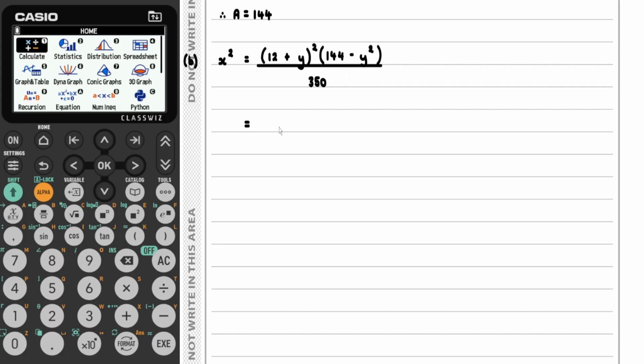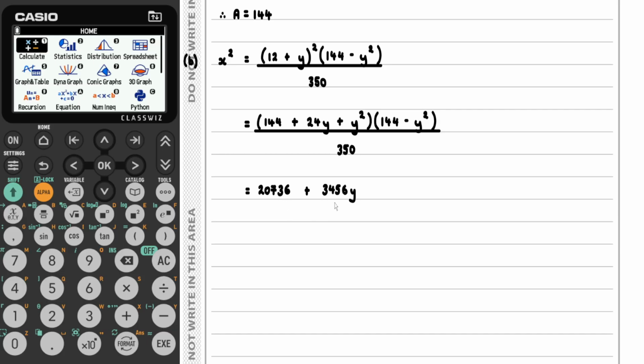So let's work this out by, first of all, expanding (12 + y)². Doing so, that's 144 + 24y + y², multiplied by (144 − y²), divided by 350. So, if I simplify the numerator, we would have 20,736 + 3,456y − 24y³ − y⁴, all over 350.